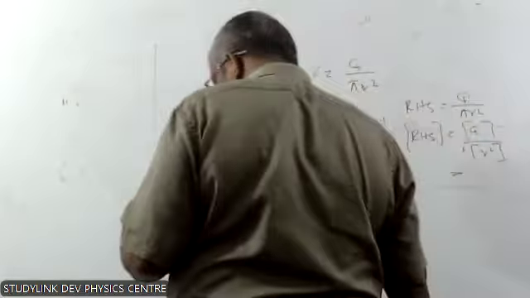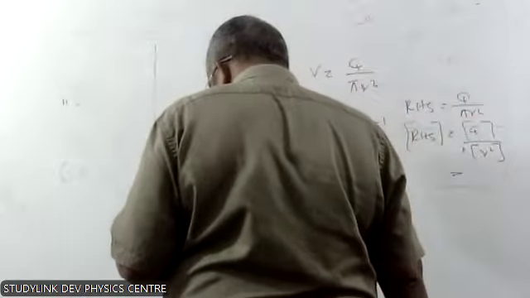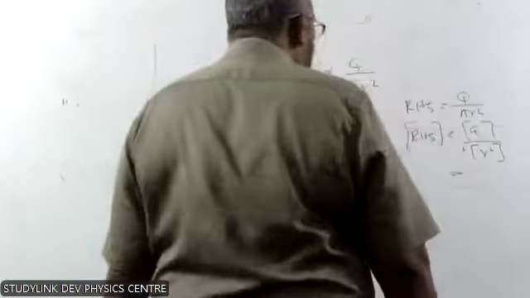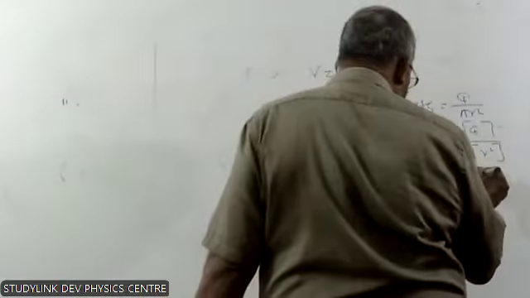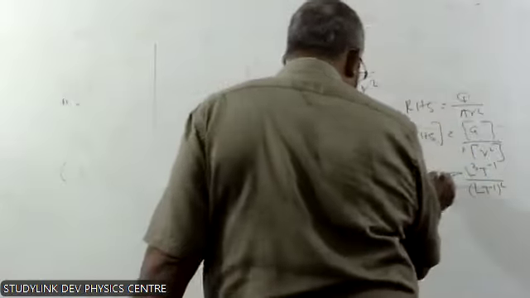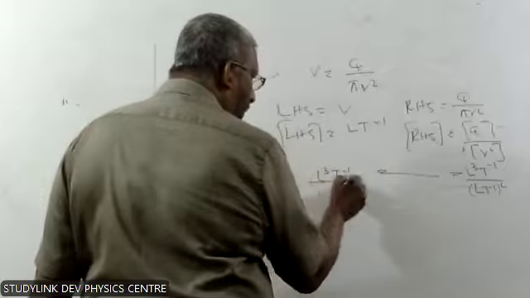Here Q is the rate of flow, so its dimensions are L cube T minus 1. The denominator is L square. So you get L cube T minus 1 divided by L square.